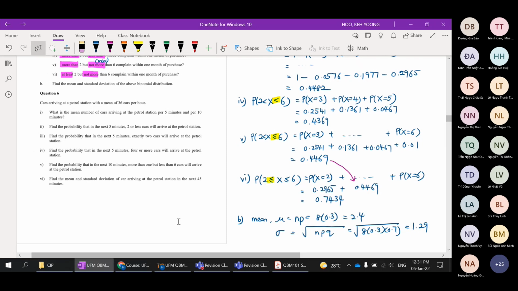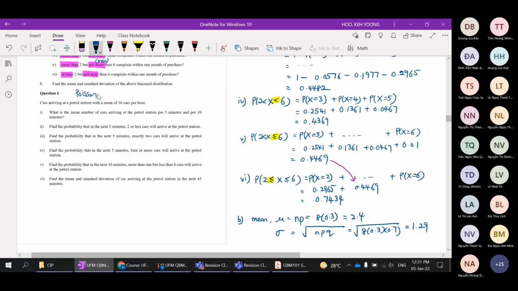Cars arriving at the petrol station with a mean of 36 cars per hour. So this is a Poisson question. In Poisson distributions, we don't look at the probability, and we don't look at the sample size.